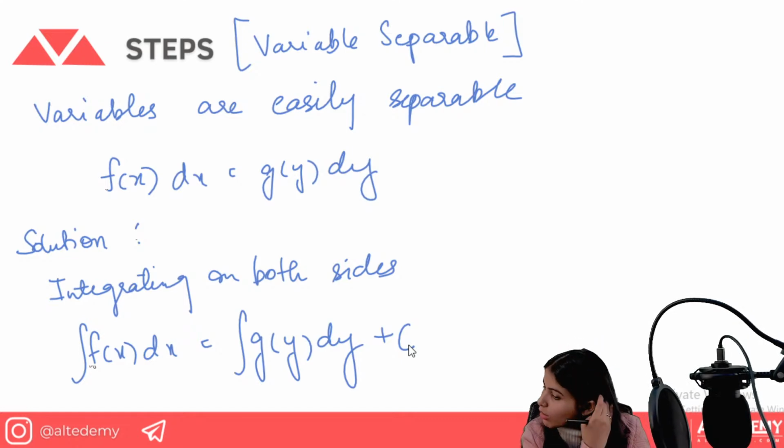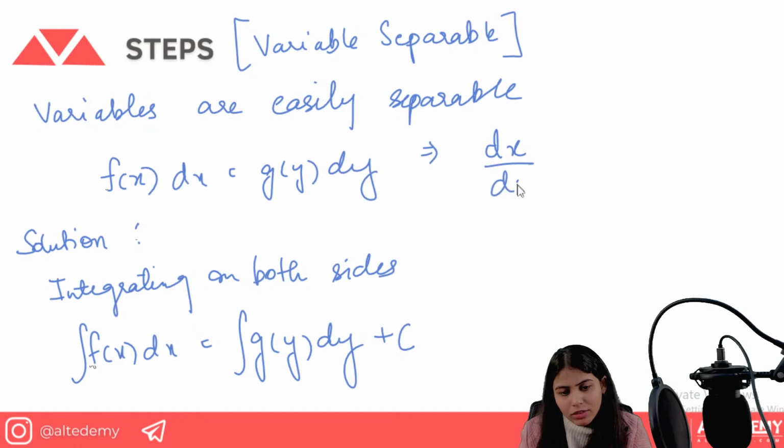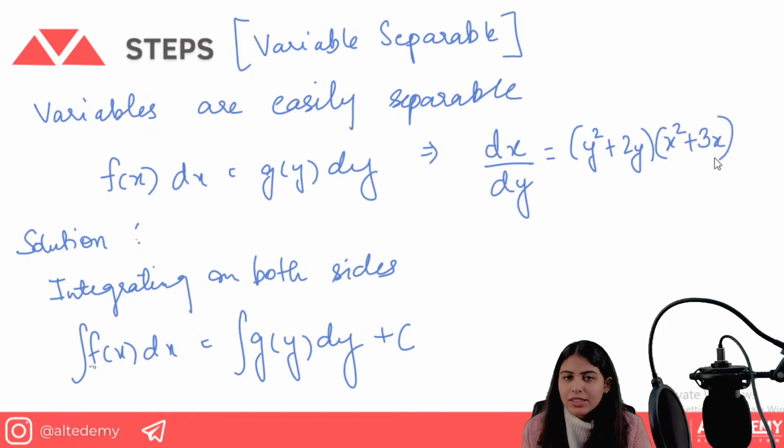Let me make an example for you guys. We have dx by dy equals y square plus 2y over x square plus 3x. This is the equation.